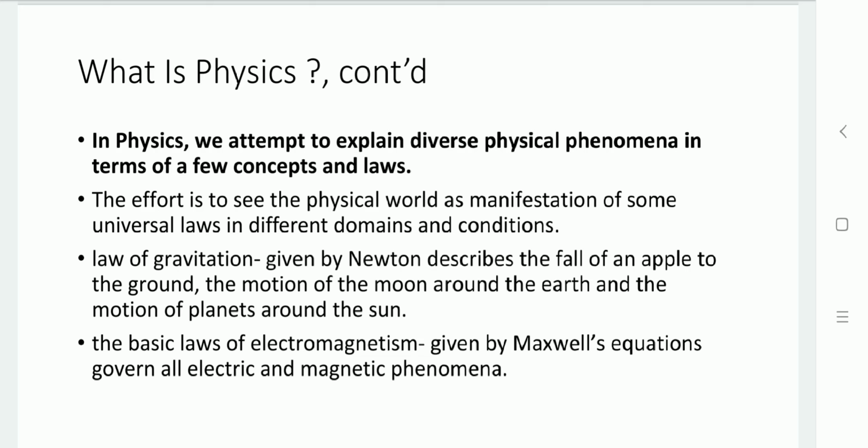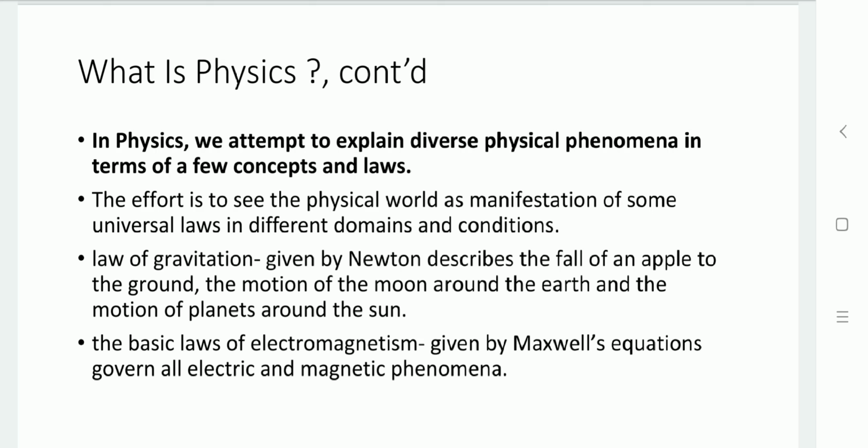Due to that gravitational force, centripetal force exists for rotary motion, and based on that centripetal force, the moon moves around the earth in a circular form, and around the sun a number of planets move in circular motion.